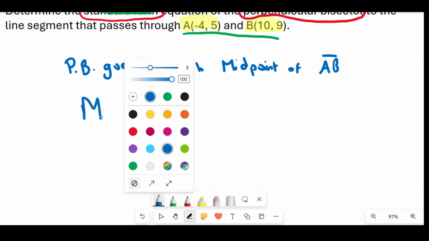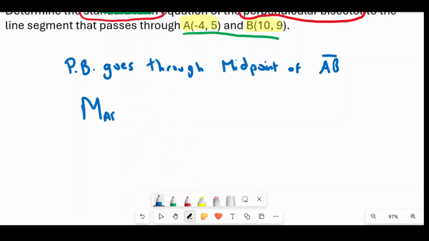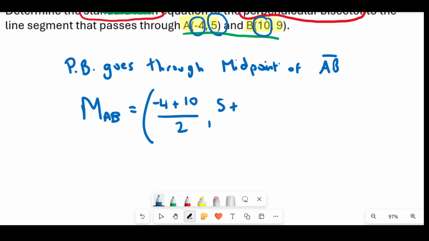So let's find the midpoint of that line segment. The midpoint of AB, the formula we know, is x1 plus x2 divided by 2, and then y1 plus y2 divided by 2.